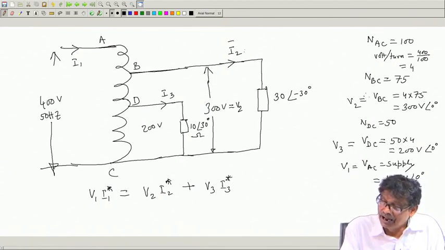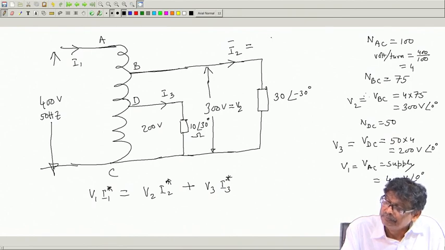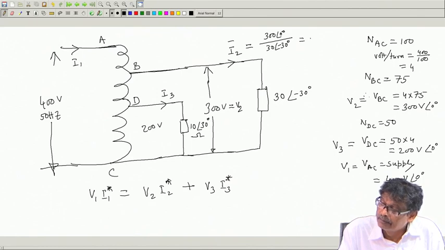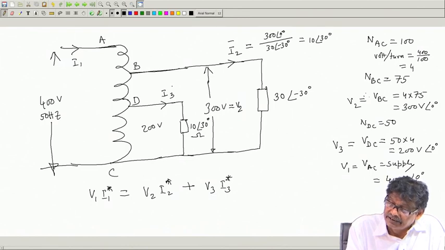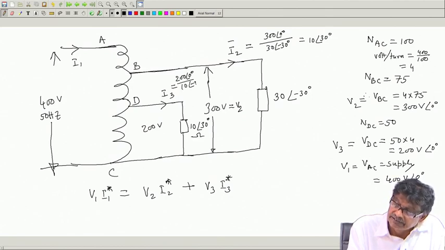And I 2 and I 3 are known. What will be I 2? I 2 will be V 2, that is 300 0 degree, divided by 30 minus 30, it is capacitive loading, and this will come out to be 10 plus 30 degree, and I 3 will become 200 0 degree divided by 10 minus 30, which will become 20 minus 30.